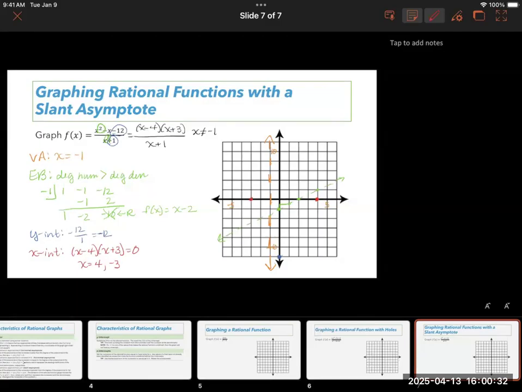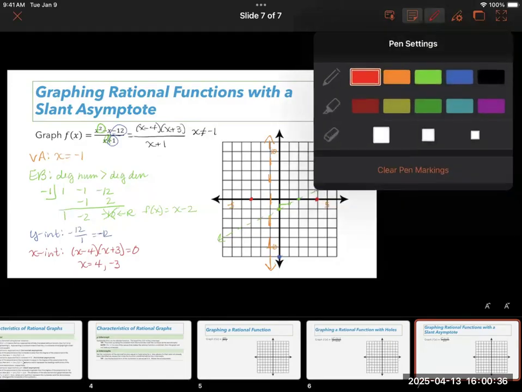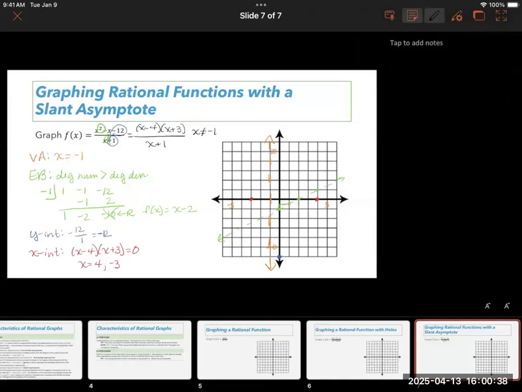And so again, I don't really need any more points than what I already have. I can already tell sort of the corners that I should be in. It's just that this time it's not right angle corners, they're kind of slanted corners, but you still get the idea. I should be in this section here, going through my points, staying within my asymptotes.